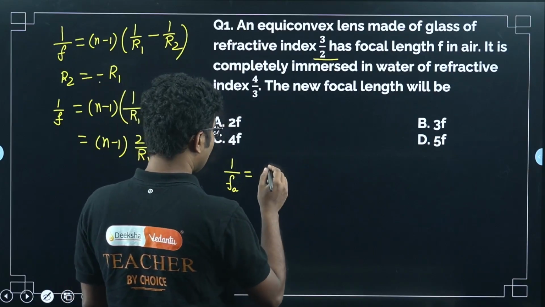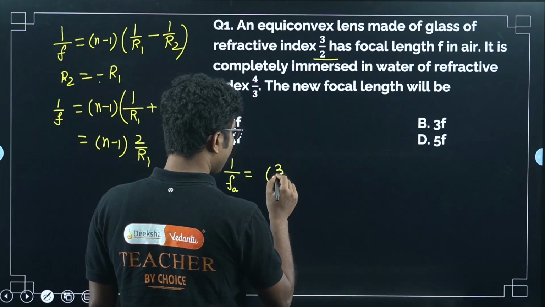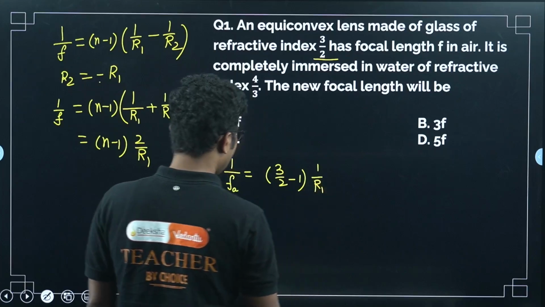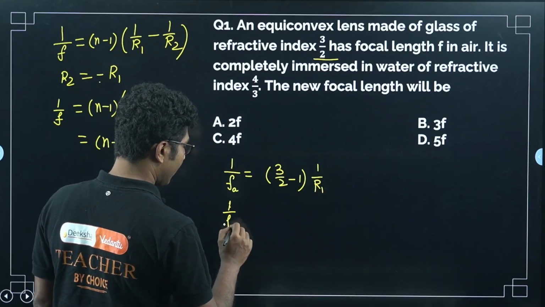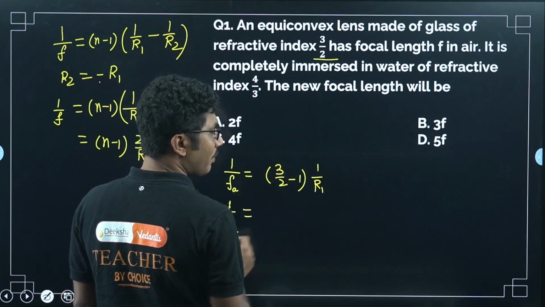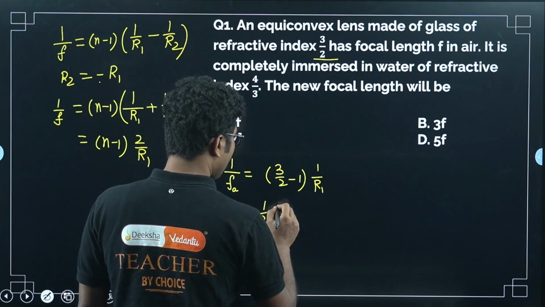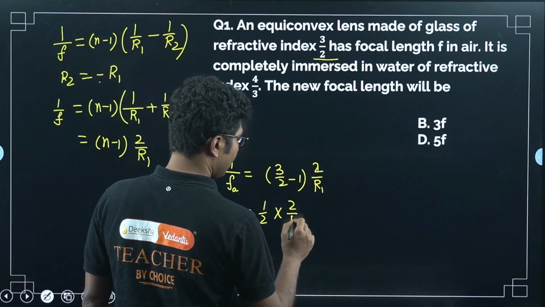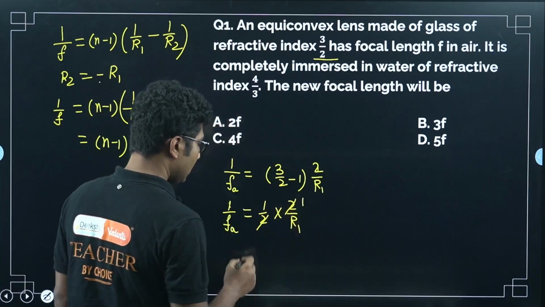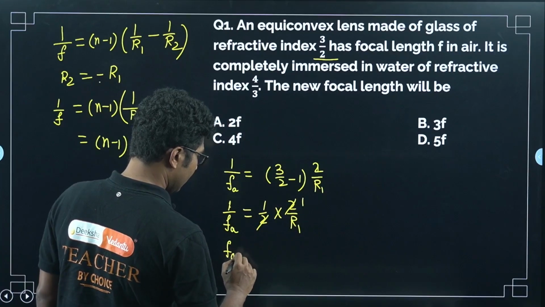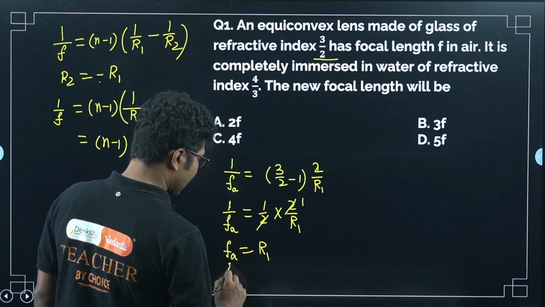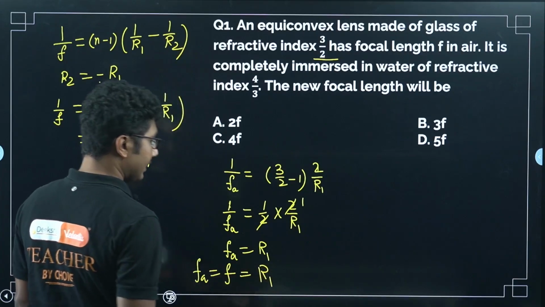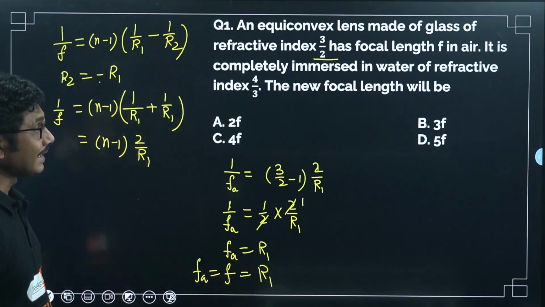So 1 by f air equals (3/2 minus 1) times 2 by r1. 3/2 minus 1 is 1/2, so the 2 cancels and f air is r1. In the question it is mentioned that the focal length in air is f.